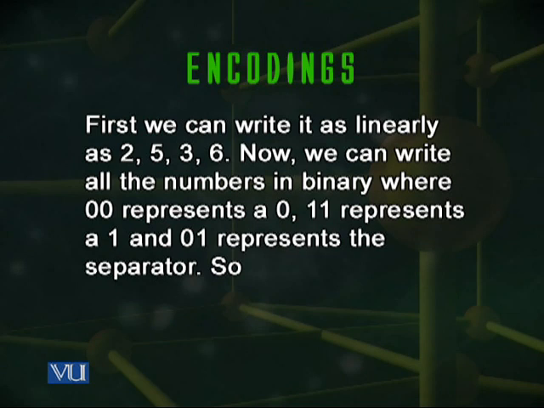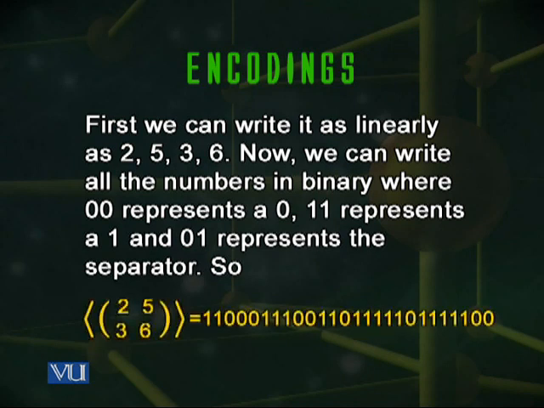Now we can write down all the numbers in binary where 00 represents a 0 and 11 represents a 1 and 01 represents the separator comma. So the encoding of this matrix becomes 1100 and so on. As you can see, this encoding is quite complicated, quite long. However, conceptually, it's not difficult at all.